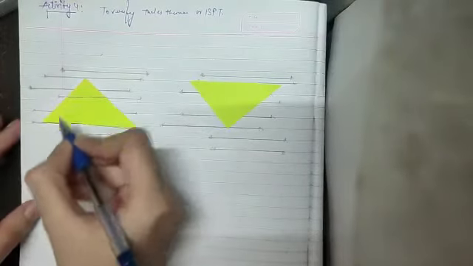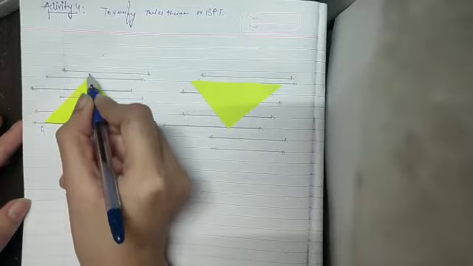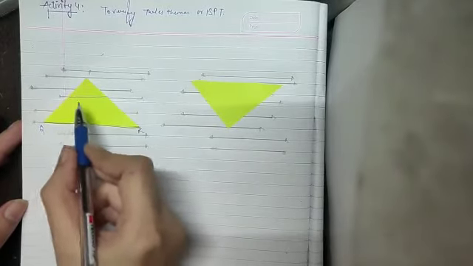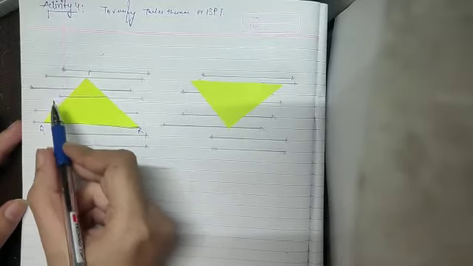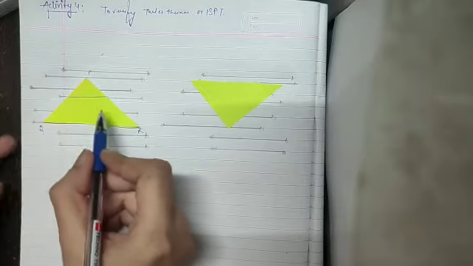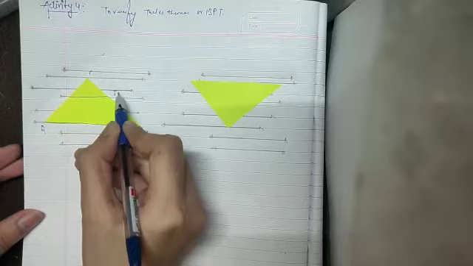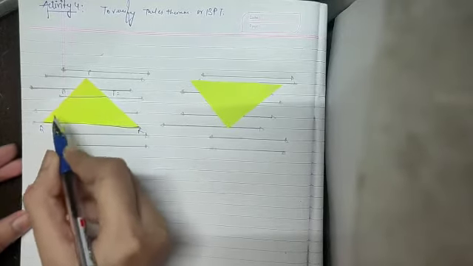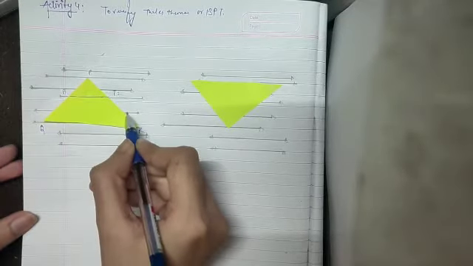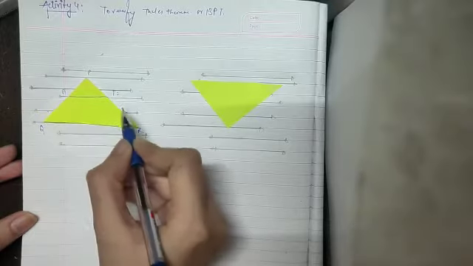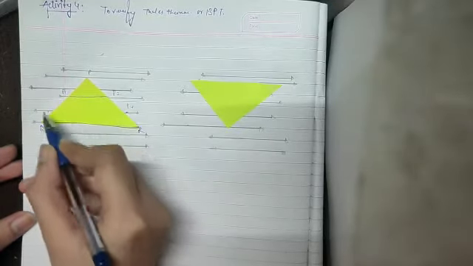Suppose I give the vertices the names Q, R, and this one as P. This line passes through the parallel line system. It passes through the triangle, and I'm naming the points where it touches P1 and P2. Similarly, this is another parallel line passing through the triangle. I've named its points P4 and P3 respectively.